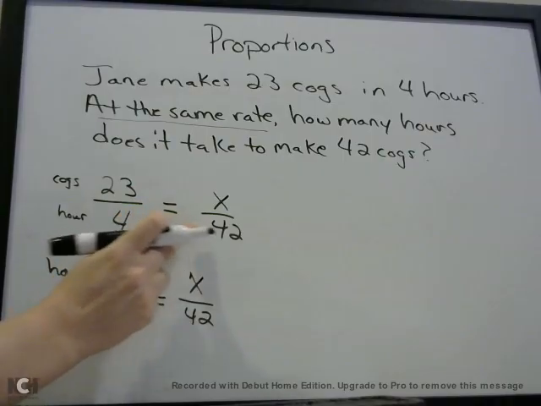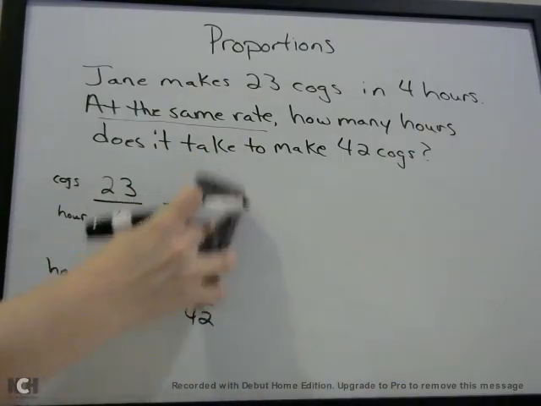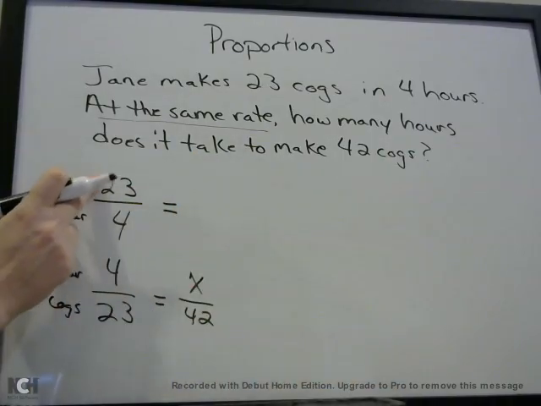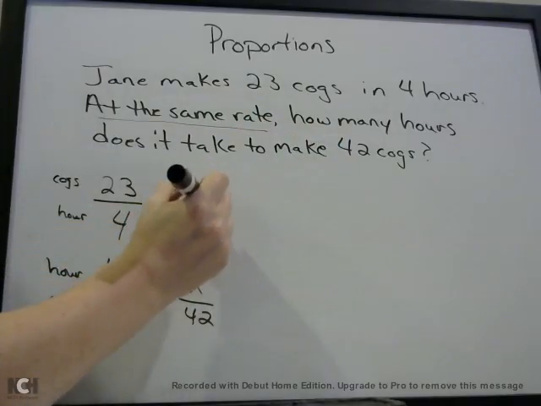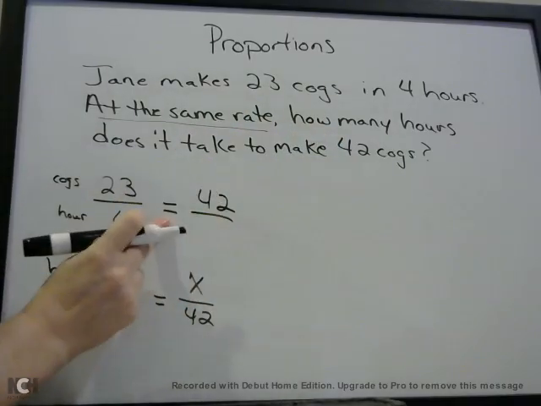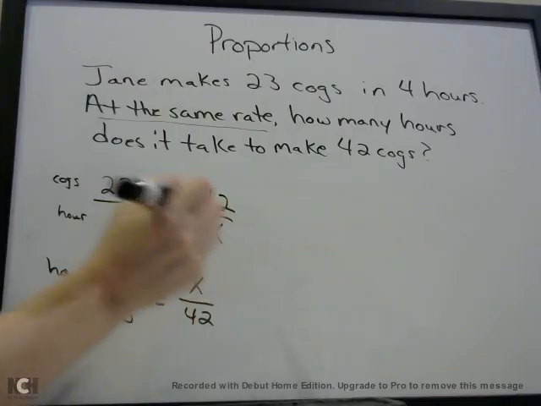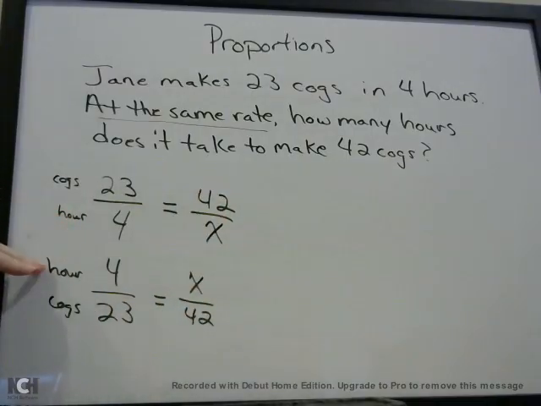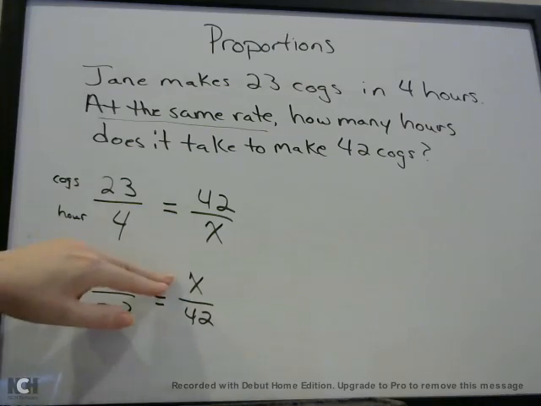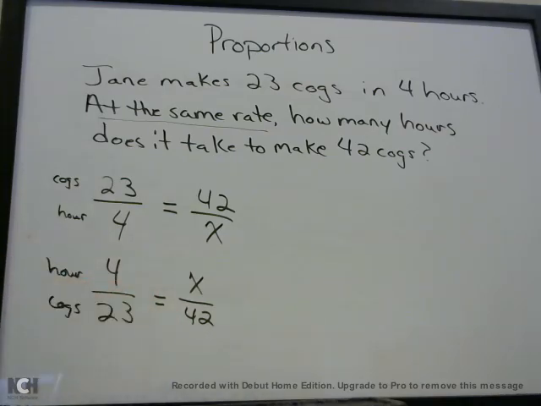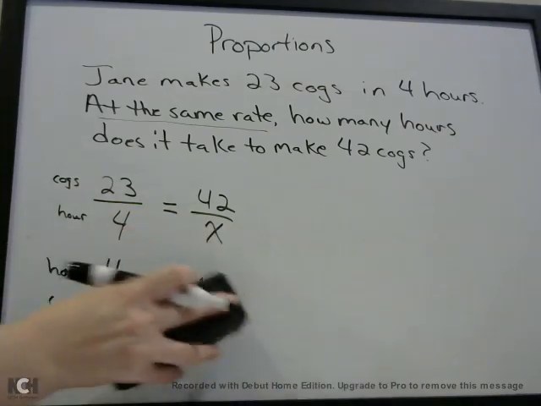If we set it up like this, we're not going to get the right answer. You have to set it up, here we have cogs on the top, so we have to have cogs on the top when we say these things are equal. So again, it doesn't matter if we set it up 23 over 4 or 4 over 23, as long as the second fraction is set up appropriately.